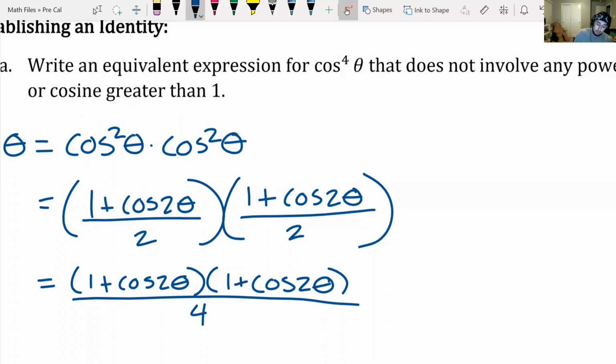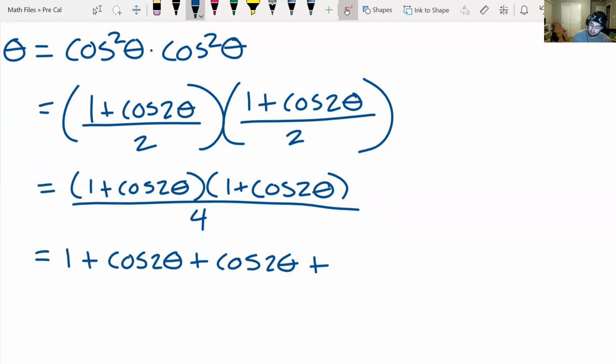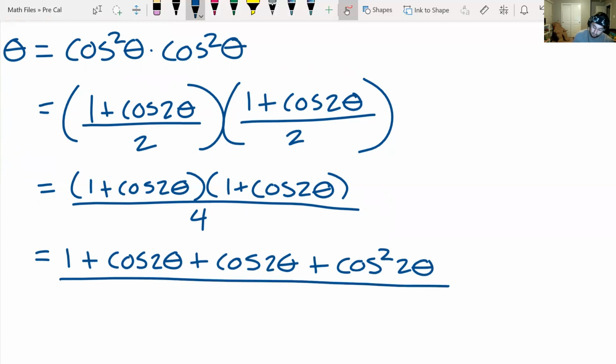Which means what we're going to do next is FOIL the numerator. So I should get 1 plus cosine 2 theta plus cosine 2 theta plus cosine squared 2 theta, all over 4.